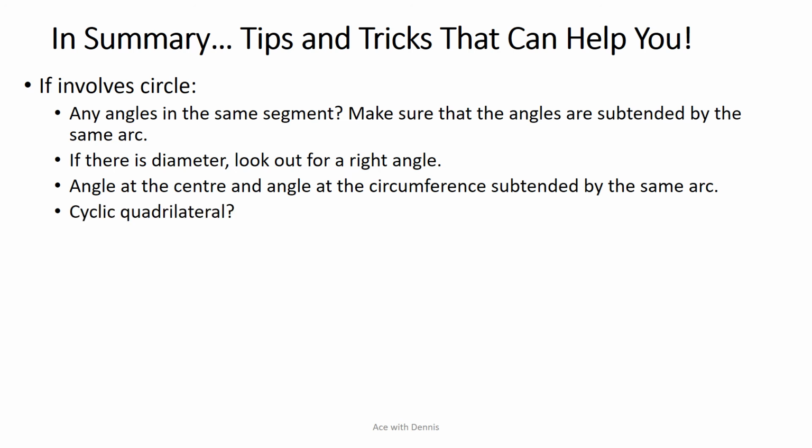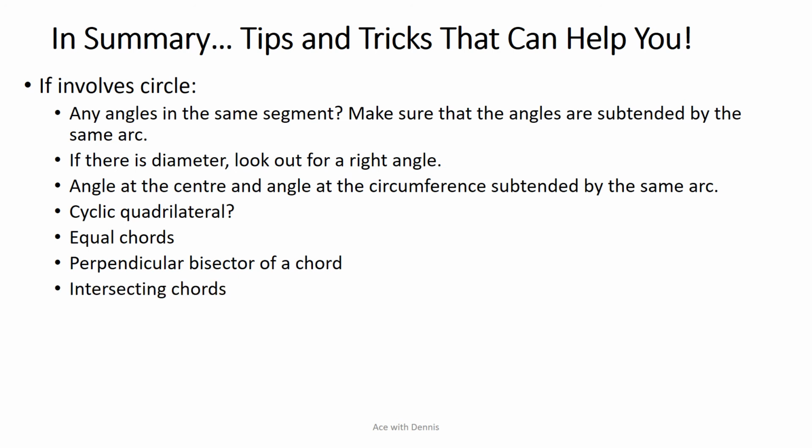Or is there any cyclic quadrilateral? Or equal chords? Or is there any perpendicular bisector of a chord? Or intersecting chords, where you can consider applying the intersecting chord theorem?